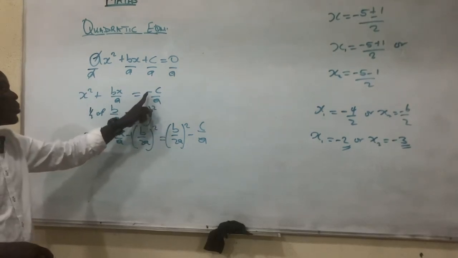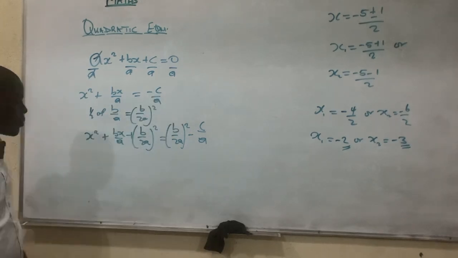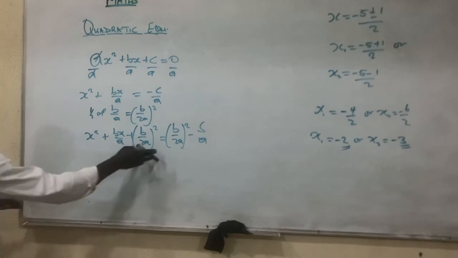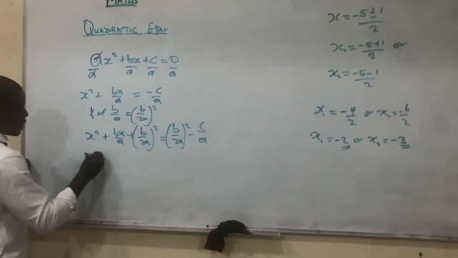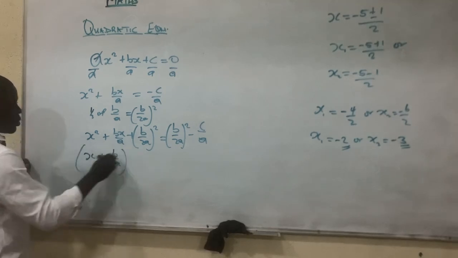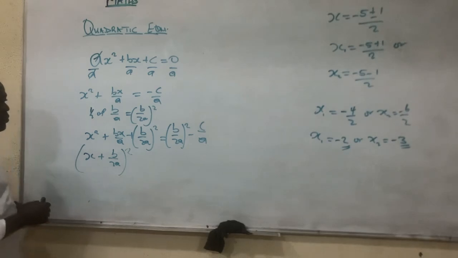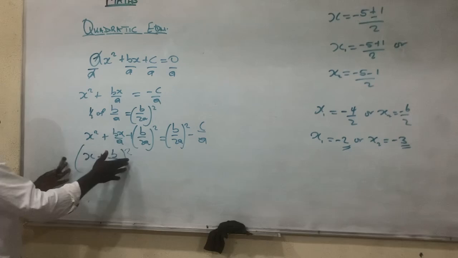I don't want to put minus before plus, so I put it here. And you agree with me that what we are seeing here can be written as x plus b over 2a all squared.